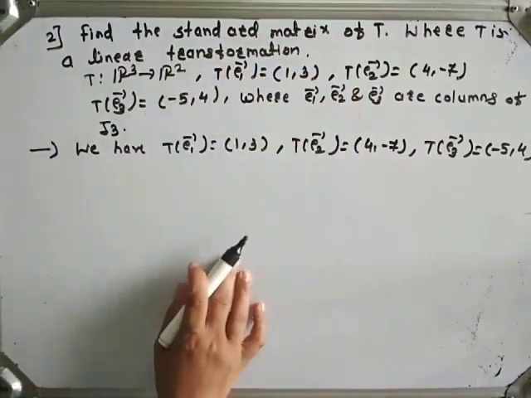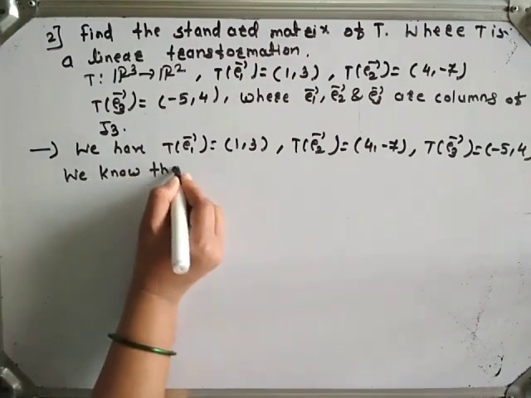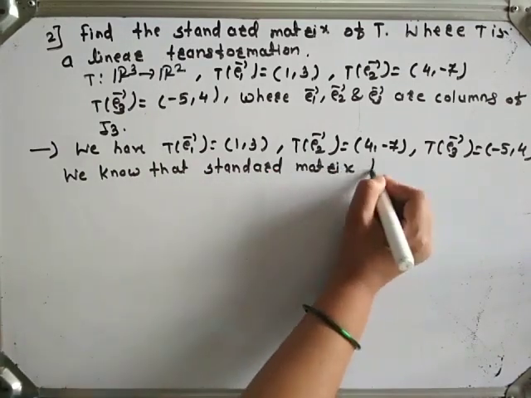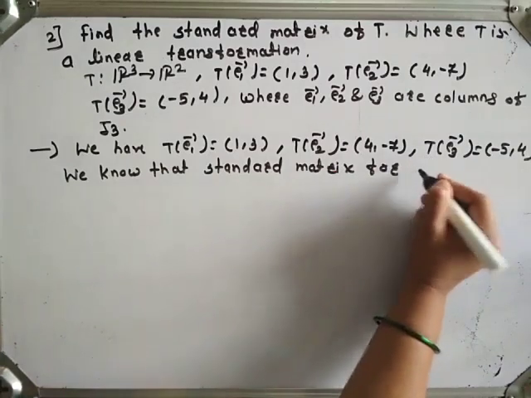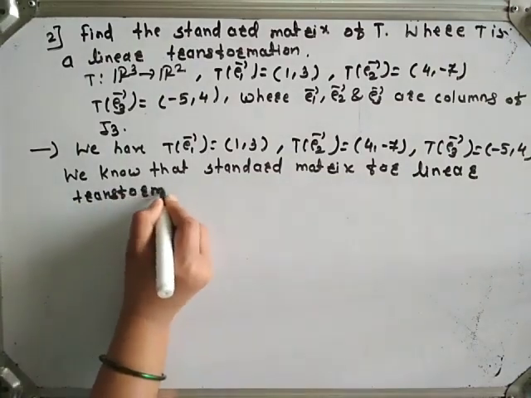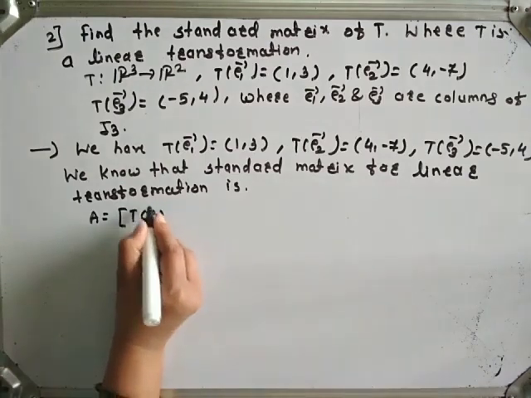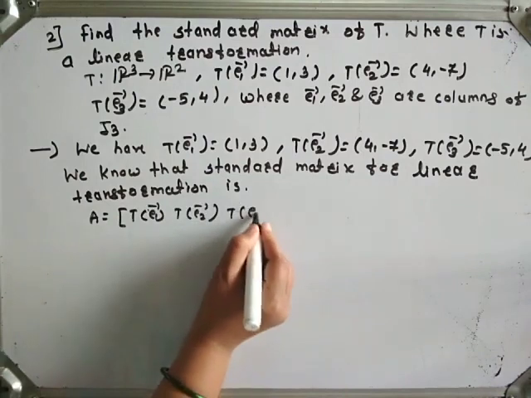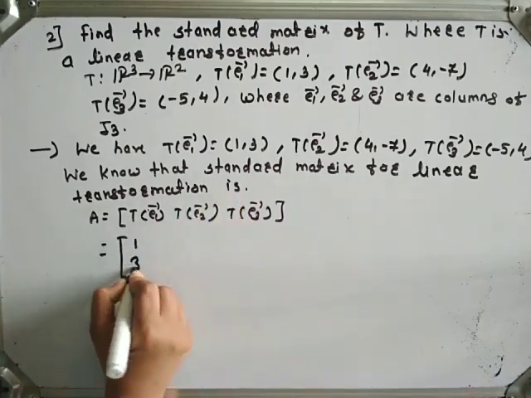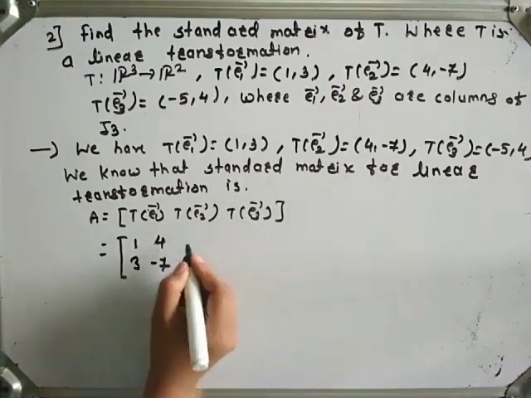We have to find the standard matrix for the linear transformation and we know that the standard matrix for a linear transformation is the matrix A equal to T of E1 bar, T of E2 bar and T of E3 bar, which is equal to the matrix with columns 1 3, 4 minus 7, and minus 5 4.